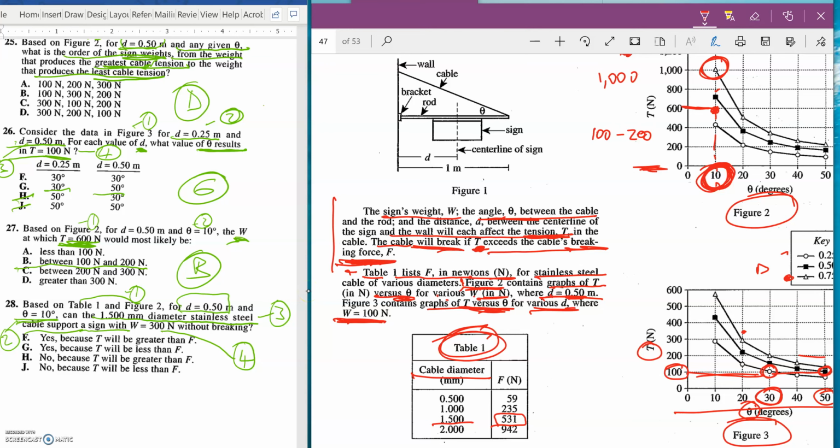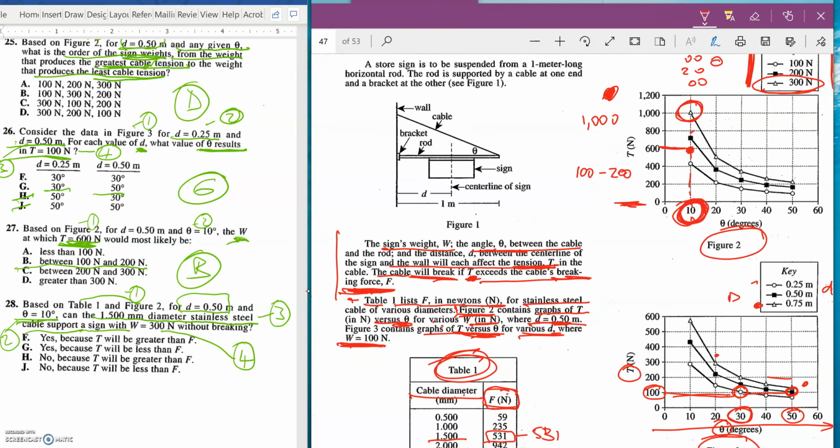All right, so the cable diameter F is here. In table 1, this is F, and we see it's 531. And then the tension, we looked at that in figure 2, it's 1000. So T is 1000, F is 531. So it says if T is greater than F, the cable will break.